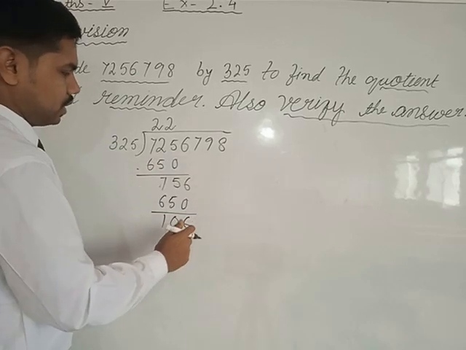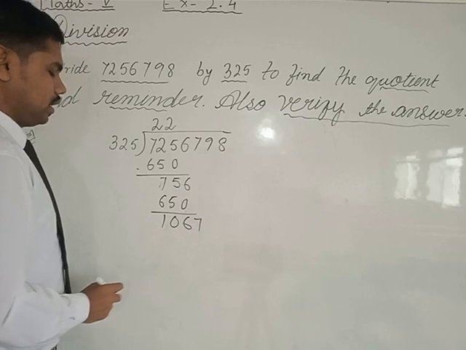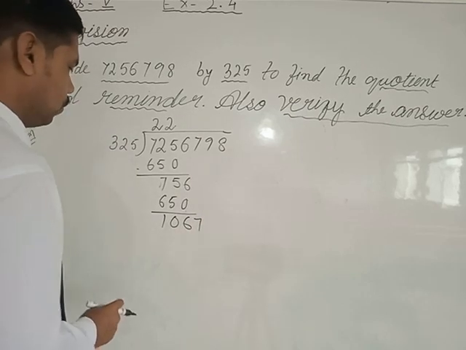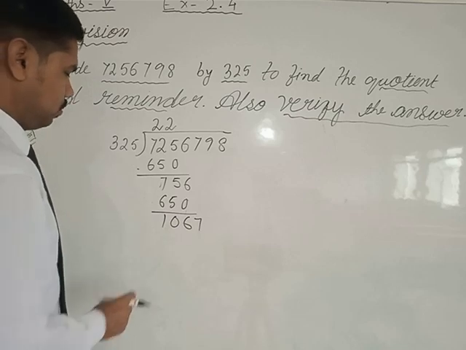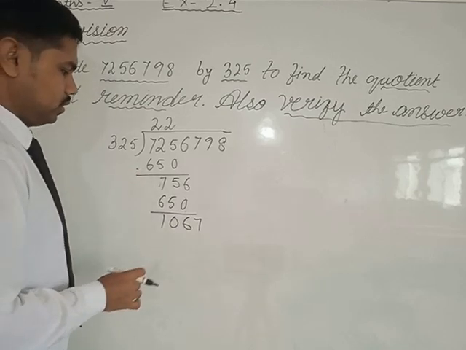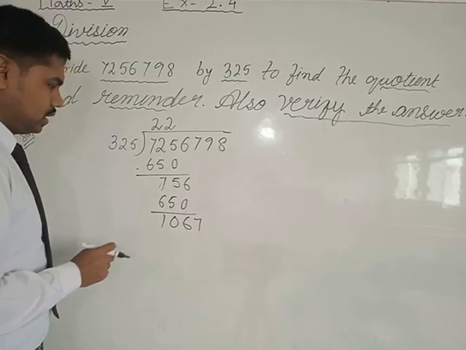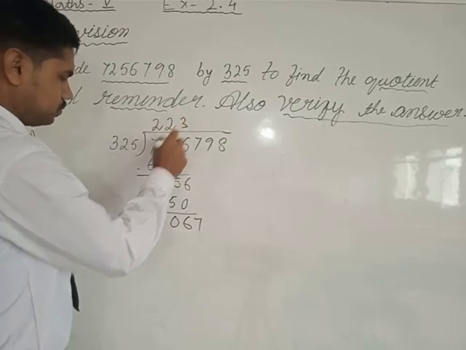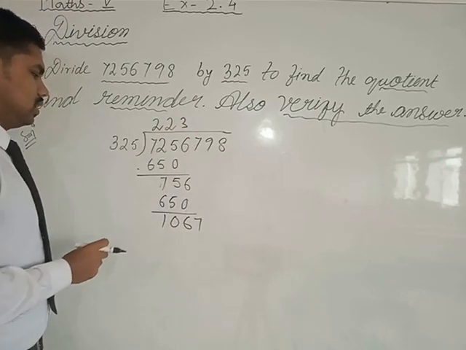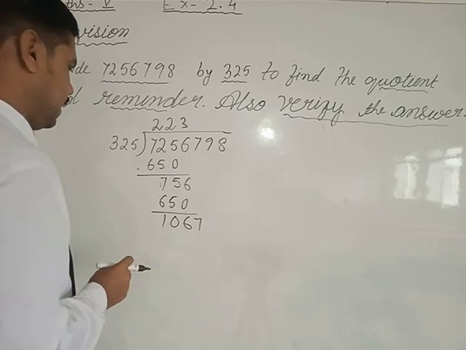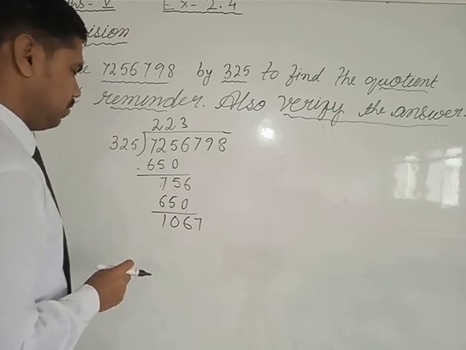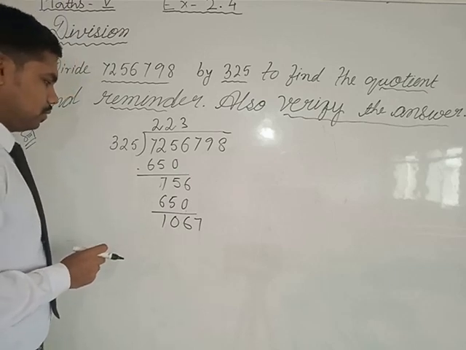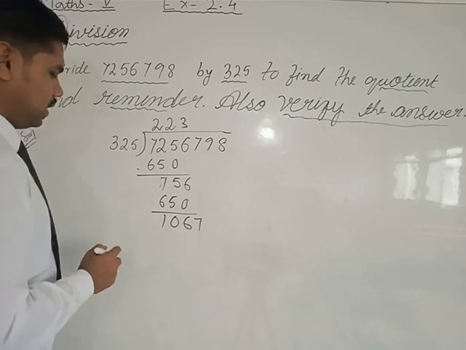Again we will take one more digit, so 7. Now 4 times it will be greater because 4 threes are 12, so it will be greater. So let's check with 3. 3 times 325 is 975.